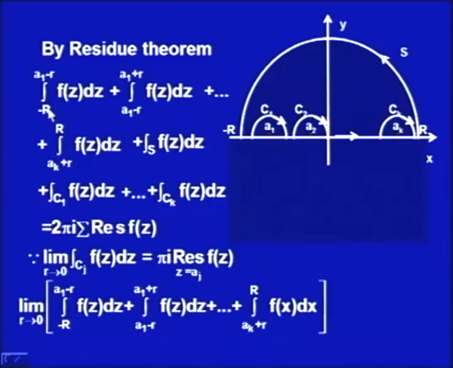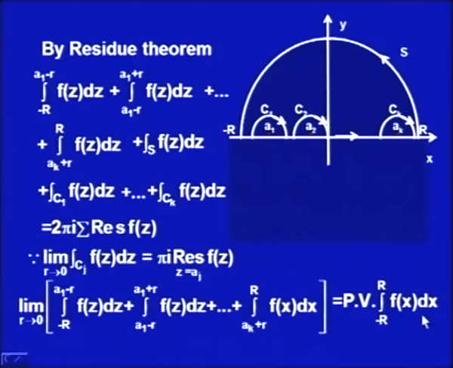And if I take these integrals along the real line, from minus R to A1 minus r, A1 plus r to A2 minus r and so on, as r approaches 0 this would give, by definition, the Cauchy principal value of the integral from minus R to R of f(x) dx.